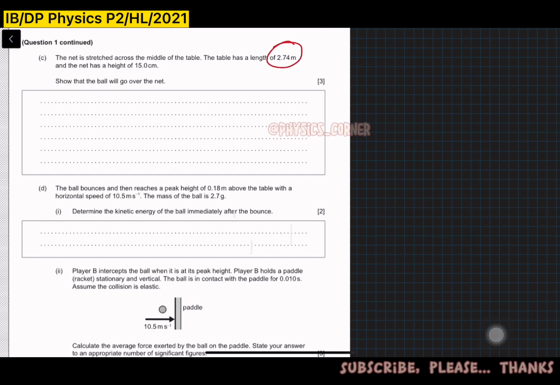We need a half of the net time, how much time after passing the net. So we find t.